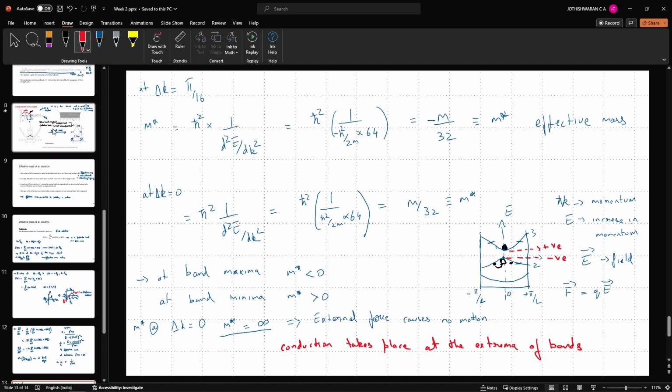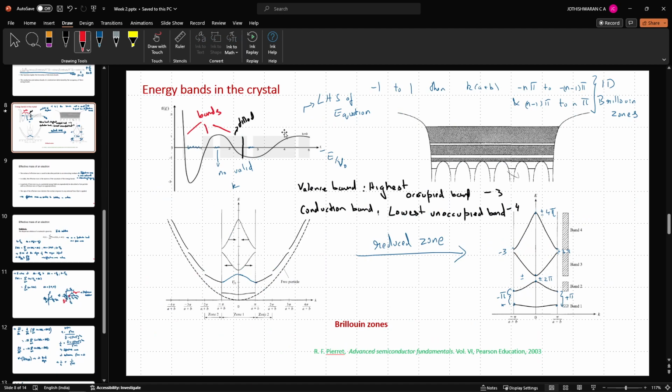So, going back to this example, now I'm saying that the electrons are filled up to this point. In order to find out if that material is conducting or insulating, we are supposed to find out what value of k it corresponds to. This is band number 3, so this is band 1, band 2, band 3. So this is somewhere over here or on the opposite side.